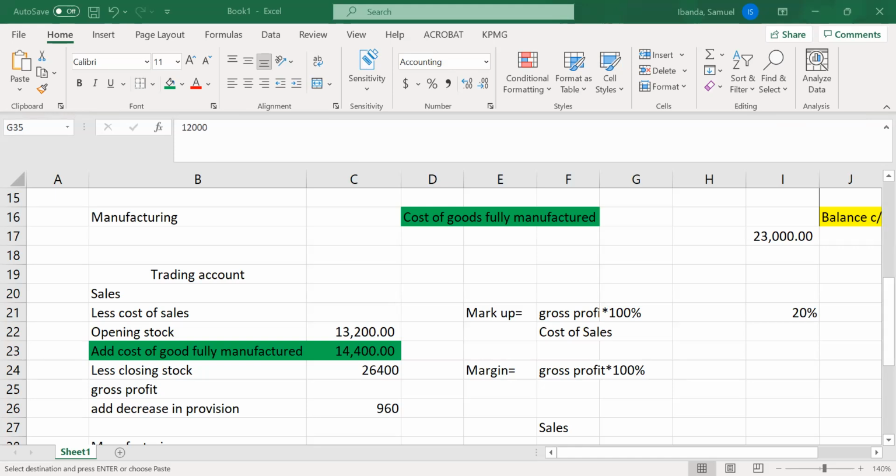So for example, when they are selling, they sell goodwill as part of the asset. When it comes to partnerships, mostly goodwill comes in when we have, let's say, admission of new partners. In general, goodwill comes in when we have changes in the partnership, okay? And most especially when we have new partners who are coming on board.